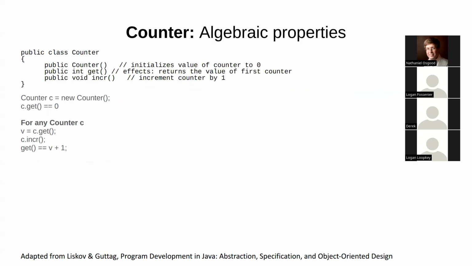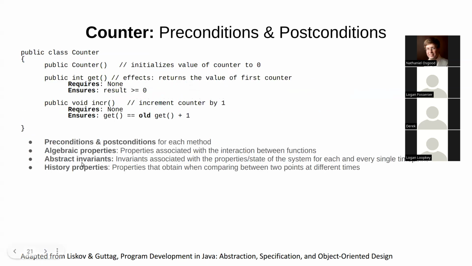So getting down to abstract invariants. What we're looking for are properties that hold true, relations that hold true, this equals that, or this is greater than or equal to that, or what have you. For each and any time point you give me, this should hold true.